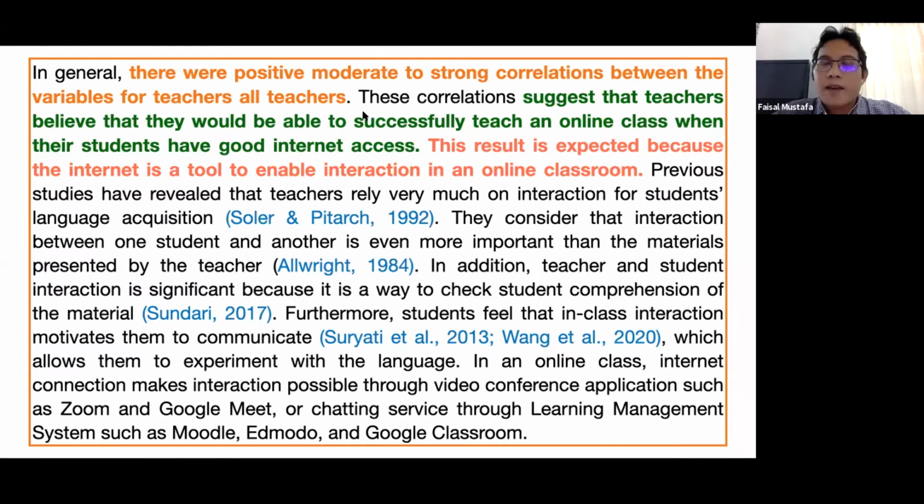And then the second sentence explains what it means: this suggests, so this is what the result means. In the third sentence, why the result is as expected, kenapa hasilnya demikian, is provided.